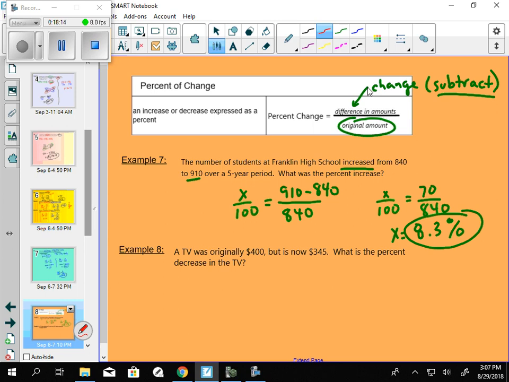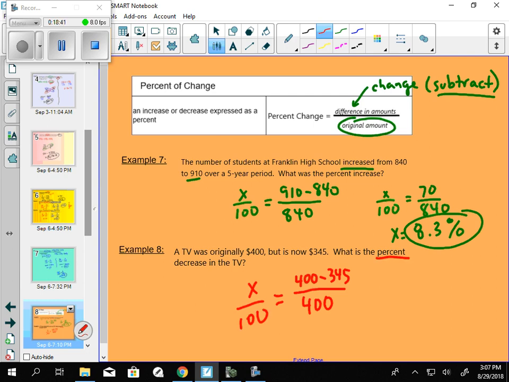The TV was originally 400. We want that on bottom, but it is now 345. So we want on the top the change here, originally 400 minus the 345. What was the change there for this decrease? We want to put this equal to what out of 100 to find the percent, because they're asking us for a percent.